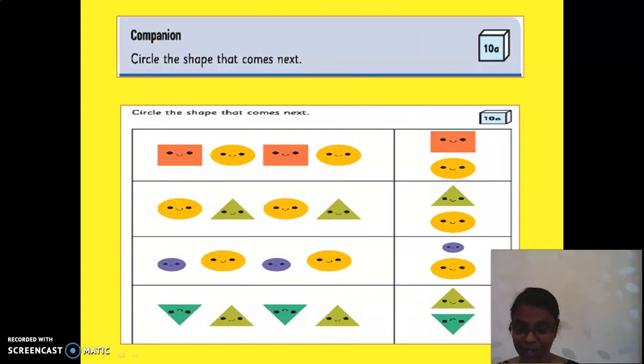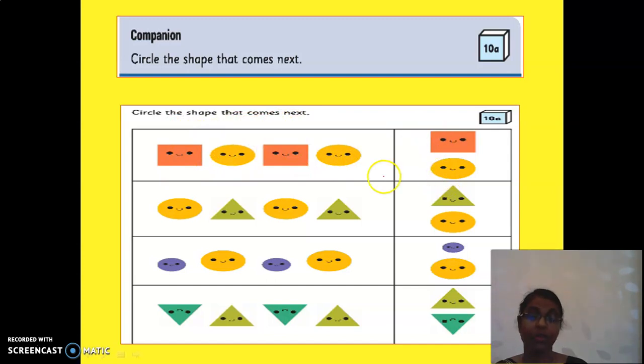Then coming to our home fun activity. In today's session, you are going to have a home fun activity. Circle the shape that comes next. Here they have given the options.